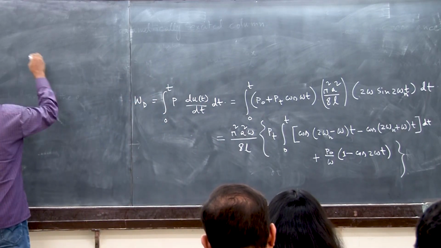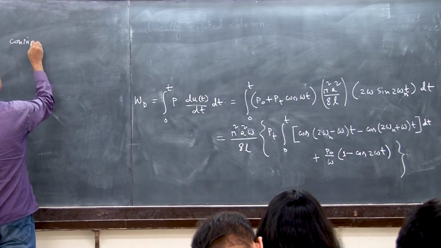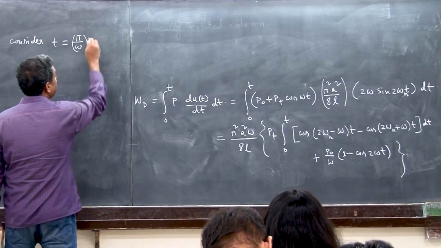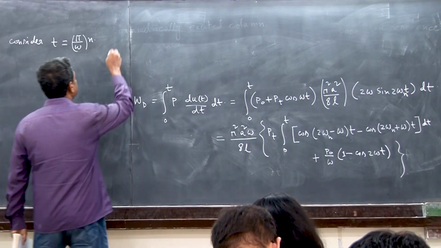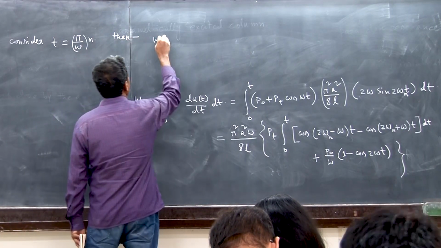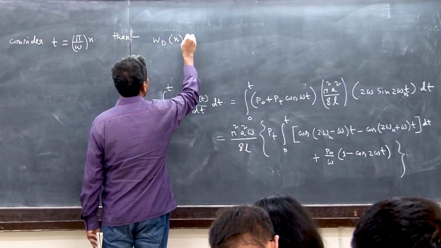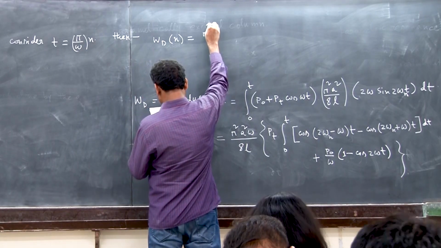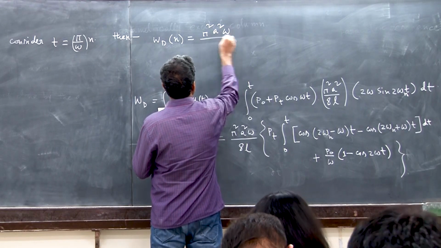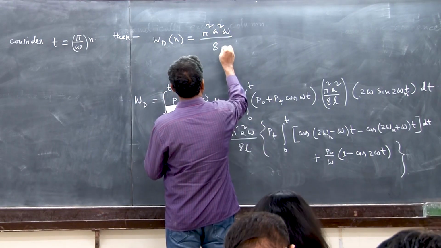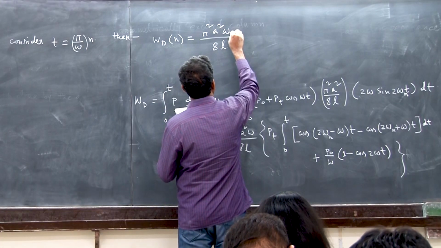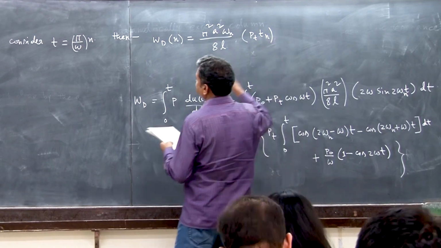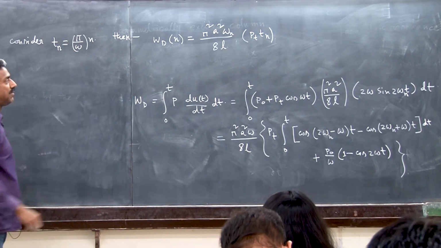So let us consider t as pi by omega into n, a half cycle into n, where n is the number of half cycles. Then the expression becomes pi square omega divided by 8L, P_t into T_n, where T_n is the time duration. This is the input energy.